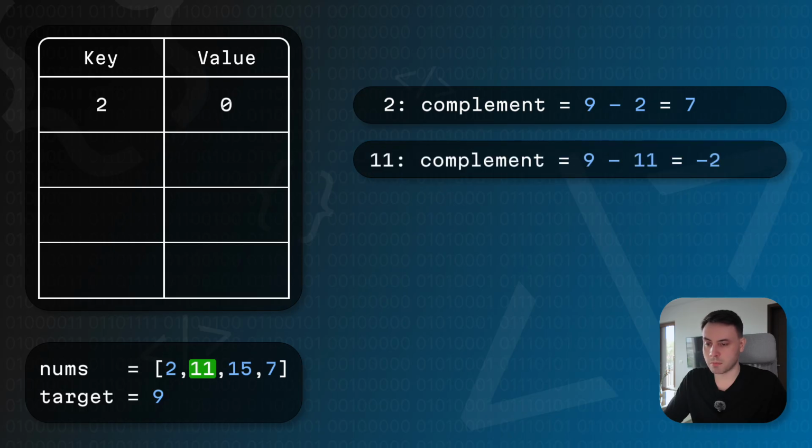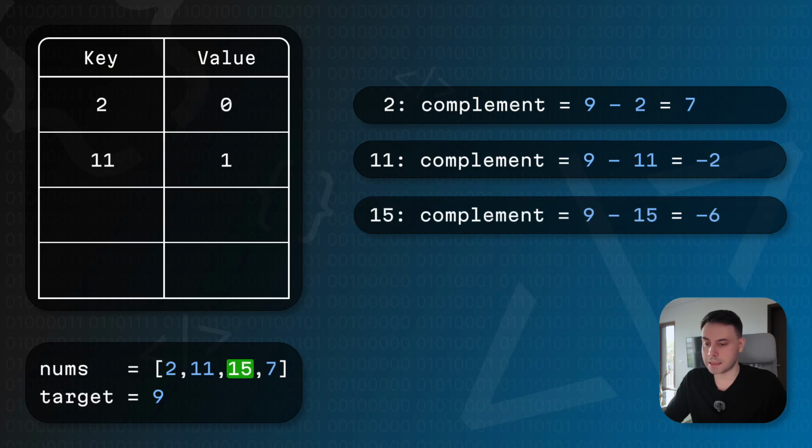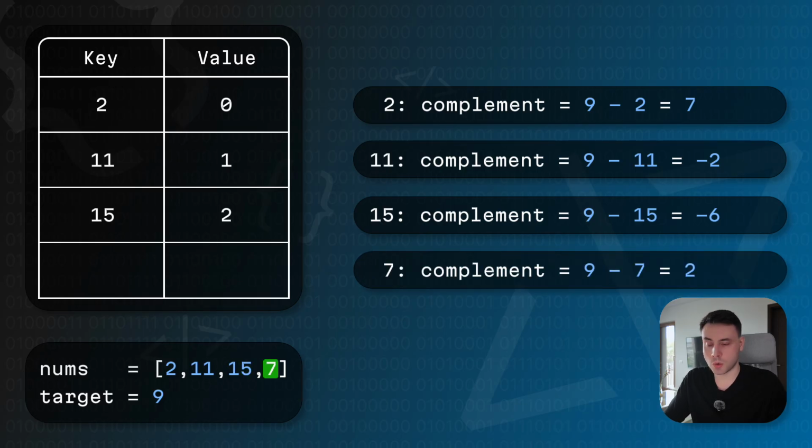The complement is -2, and -2 is not in the hash map, so we store 11 and its index in the hash map. The next number is 15. The complement for it is -6. Since -6 is not in the hash map, we store 15 and its index in the hash map. And finally, we reach 7. We calculate its complement, which is 2.